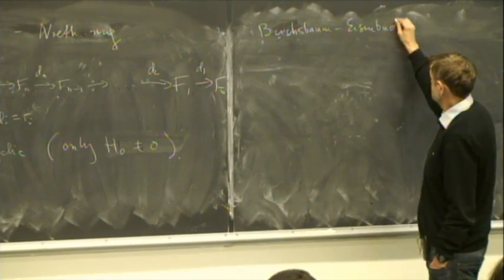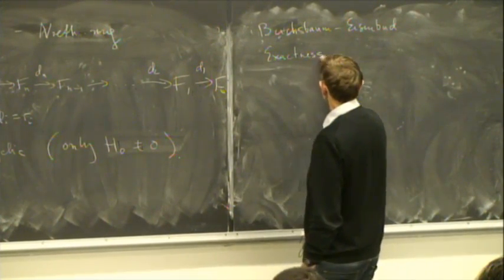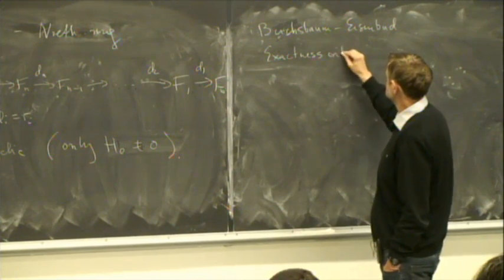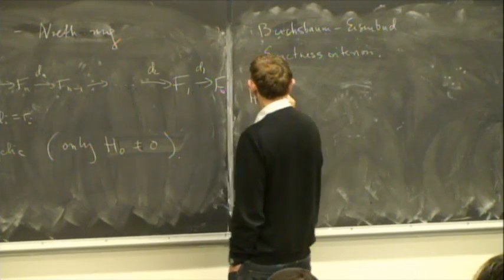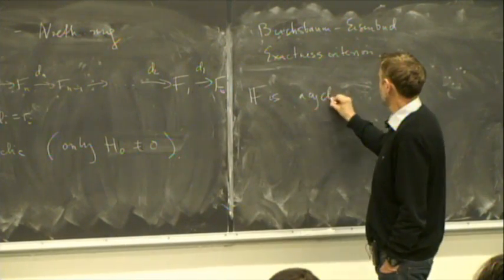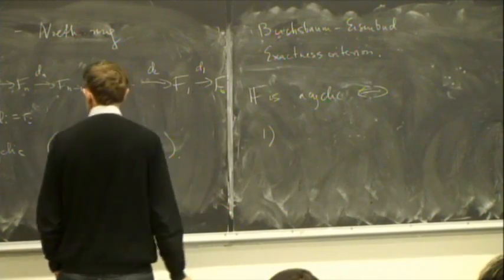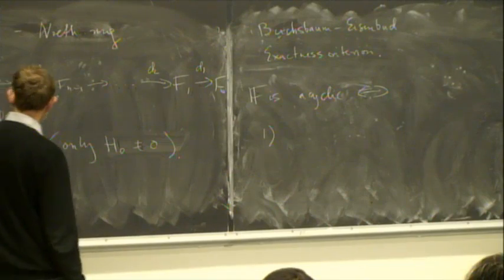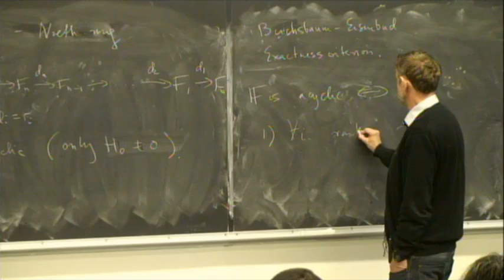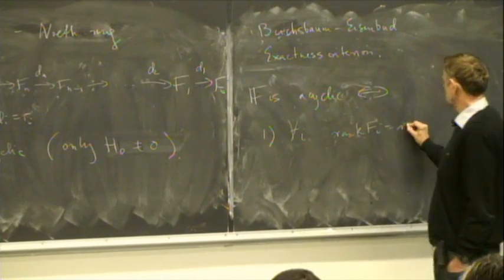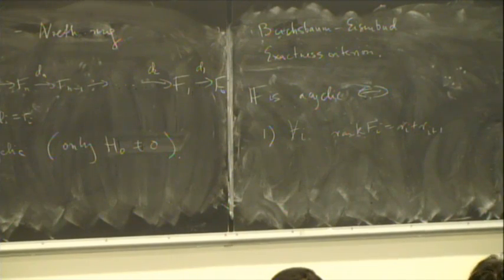This is the exactness criterion, which tells you that F is acyclic if and only if two things happen. First of all, for each i, the rank of the free module F_i is r_i plus r_{i+1}. That's the criterion you would get if you had vector spaces over a field.